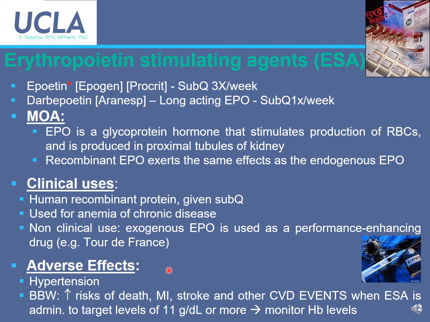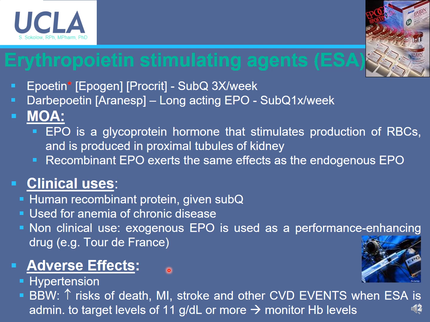Adverse effects of EPO include hypertension, but there is also a black box warning that it increases the risk of death and MI or stroke or other cardiovascular events when it's administered to a target hemoglobin level of 11 grams per deciliter. EPO is started in a patient who has a hemoglobin level below 10 grams per deciliter, and then the level of hemoglobin is going to go up.